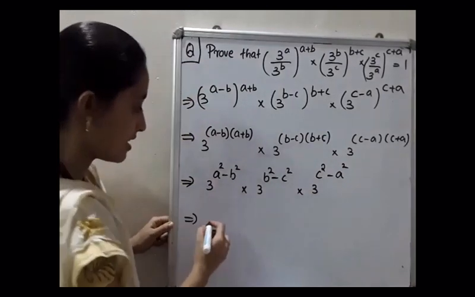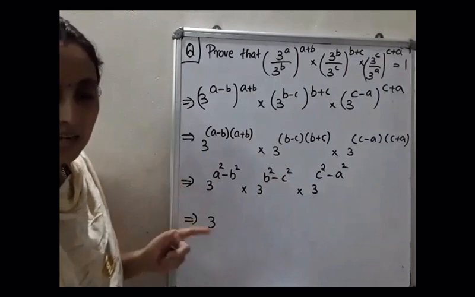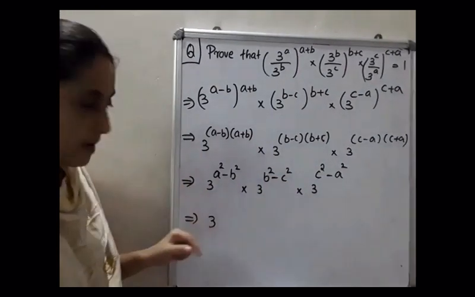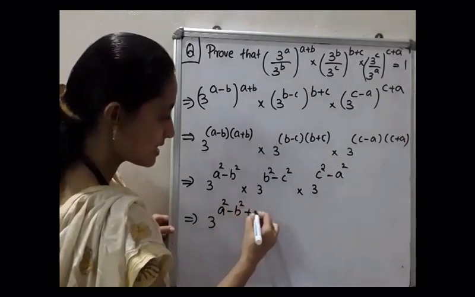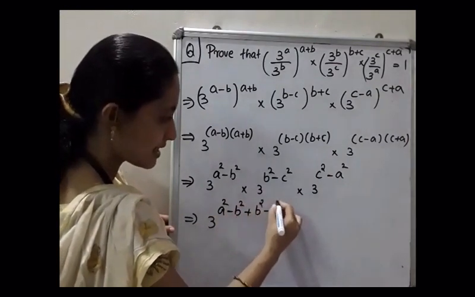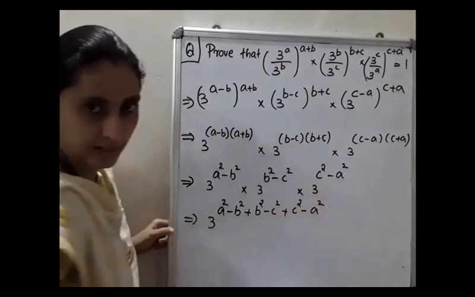That implies here 3 raised to... the bases are the same, so you can add the powers. That is 3 raised to a square minus b square plus b square minus c square plus c square minus a square.